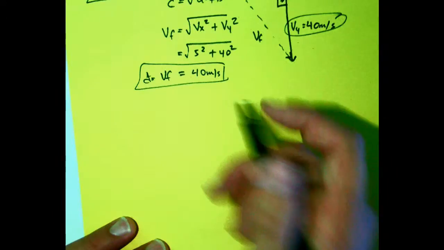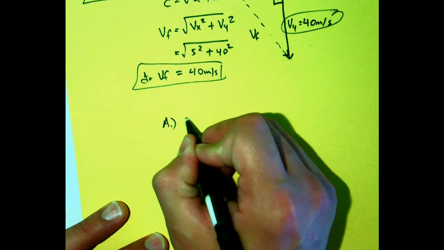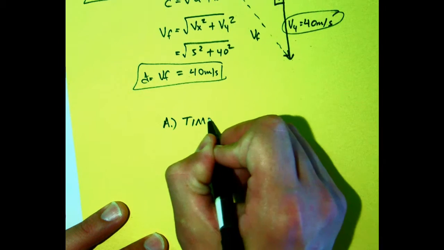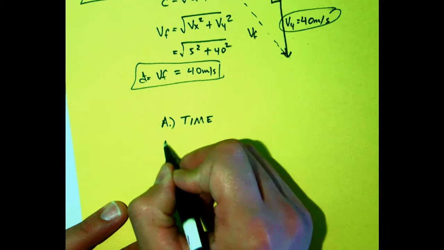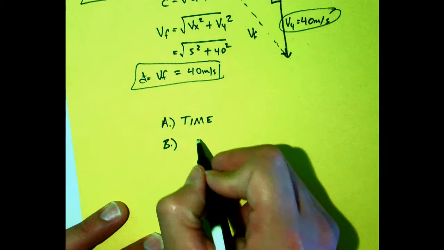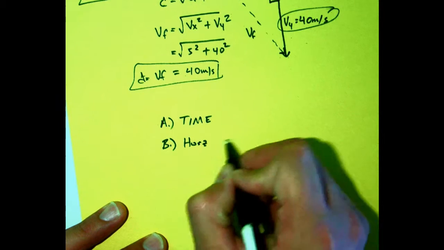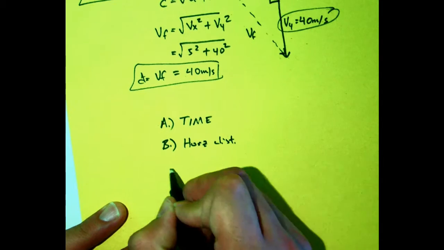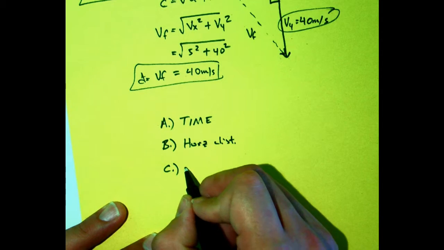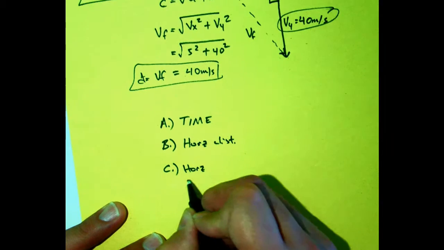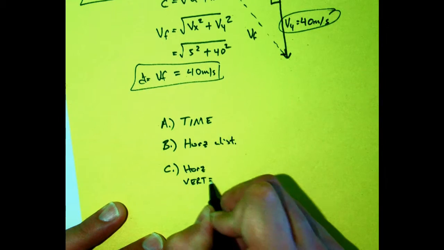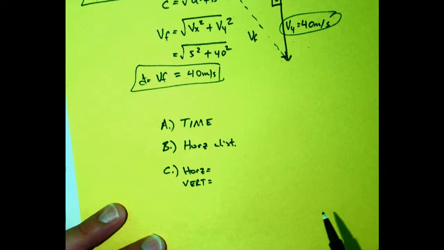So A is asking for the time. So what happens with the time? B is asking, what is the horizontal distance? And then C is asking for the horizontal and vertical components of velocity.